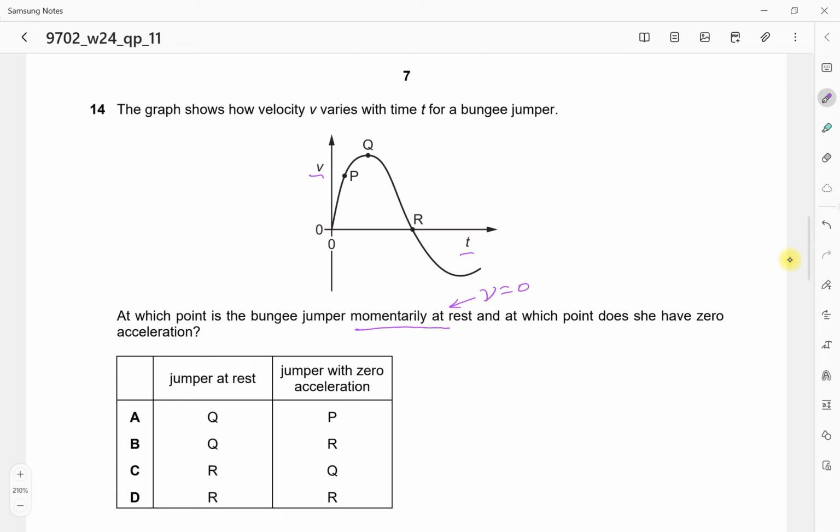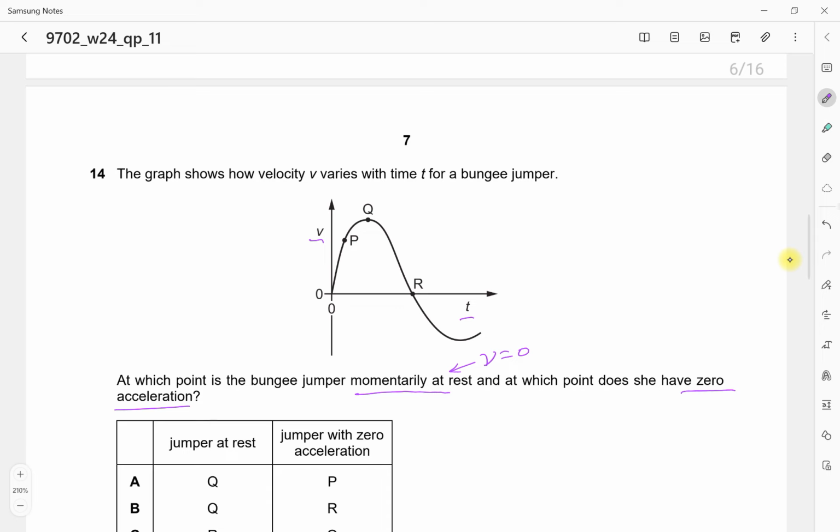Then at which point does she have zero acceleration? Remember, this is a graph of velocity against time. The gradient equals the acceleration. The gradient is 0 at point Q, because if I draw a tangent here, it will be a horizontal line, and the gradient of a horizontal line is 0.